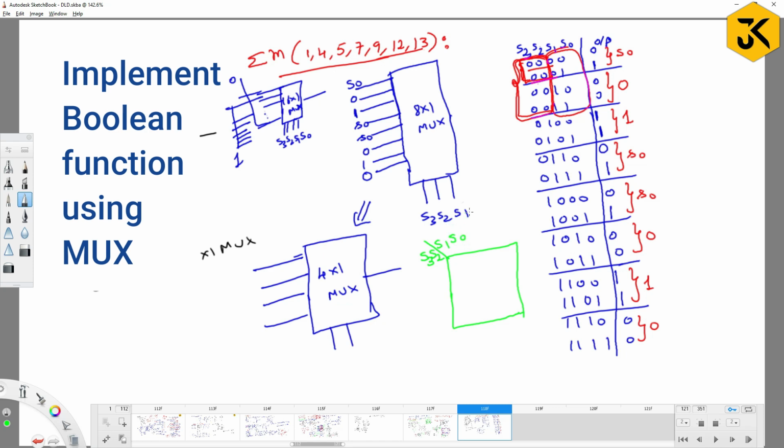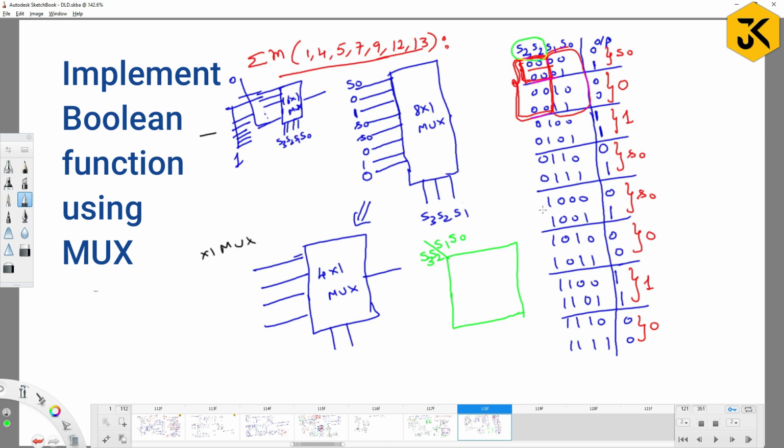Or else, the other way is to consider this as one variable. Am I right? Because all are the same, I can consider it as one variable and take the remaining two as two separate variables. I can solve it and get a certain expression. That expression you need to give as input.